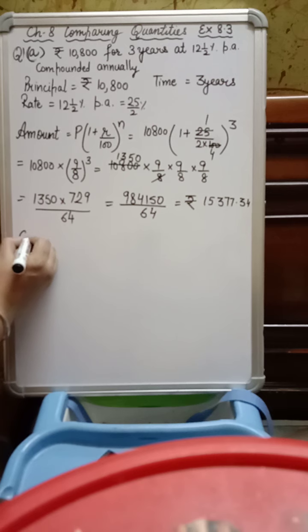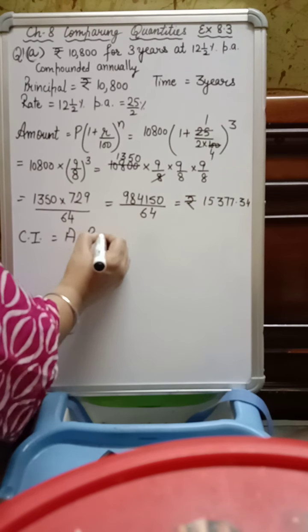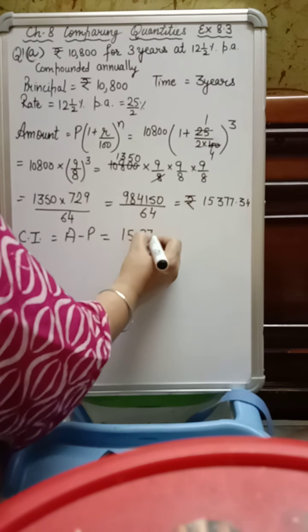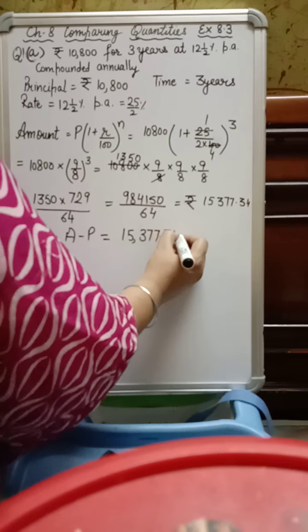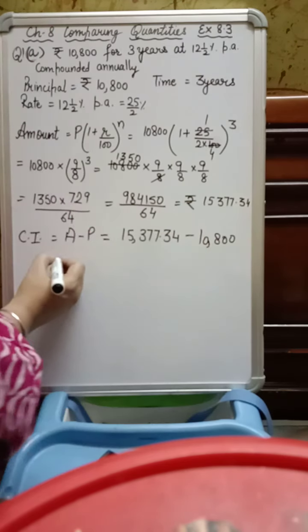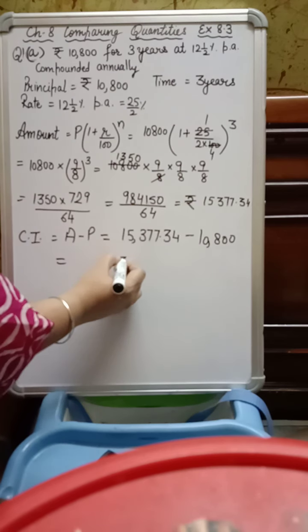In order to get compound interest, we know the formula. Compound interest is amount minus principal. Your amount is 15,377.34 and the principal is 10,800. So you subtract them.